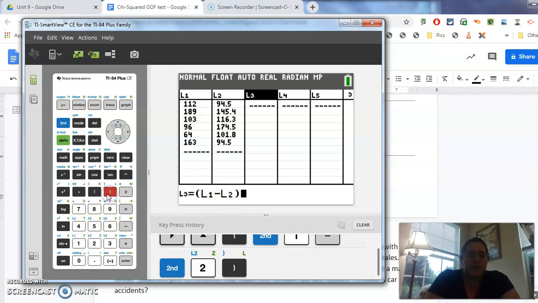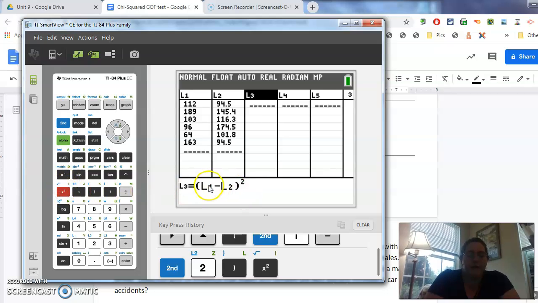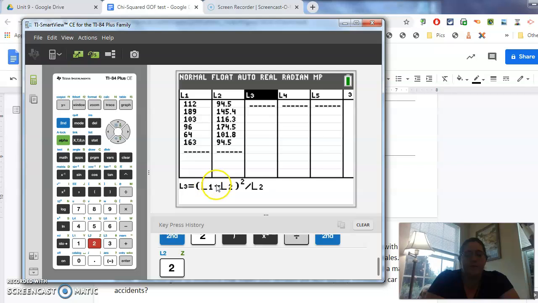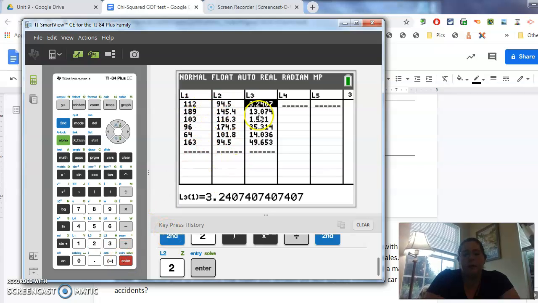I'm going to close parentheses, and then I'm going to say squared. So I have L1 minus L2, observed minus expected squared, and then I'm dividing by expected. So divided by, and then second 2 for L2 again, so I have observed minus expected squared over expected. So when I push enter, it's going to do that math for each row in this table. And now I have all those individual chi-squared values in L3.